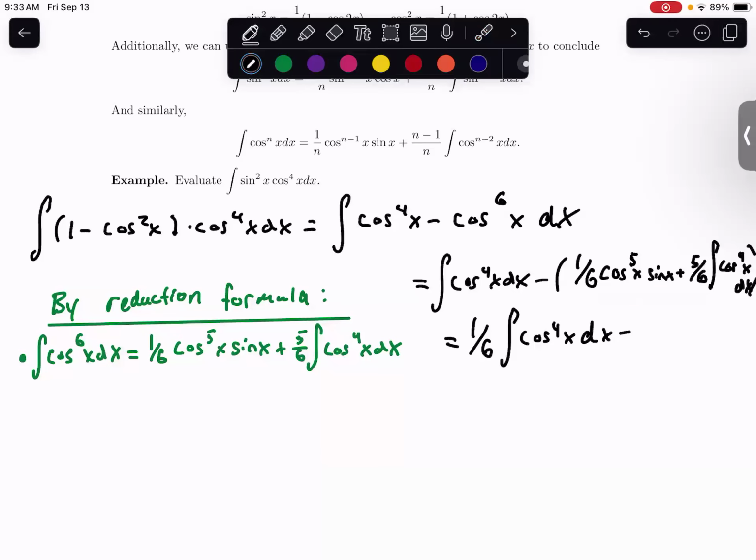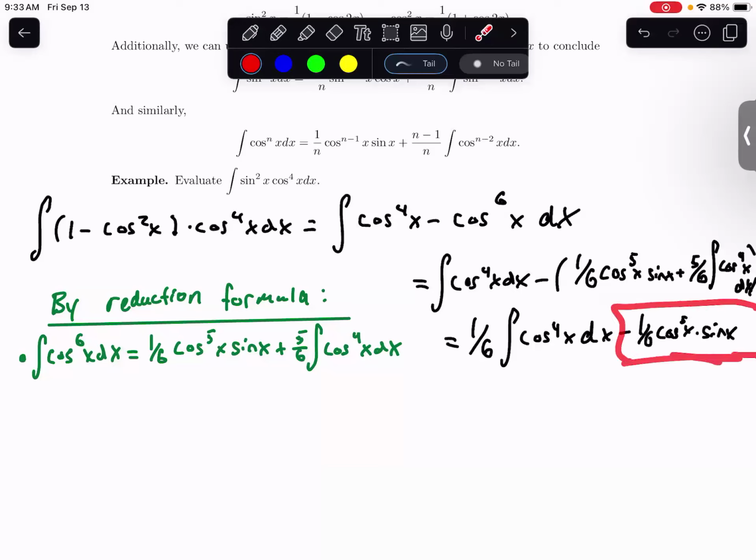So this is going to be minus 1 over 6 times cosine to the 5th power of x multiplied by sine of x. It maybe looks a little bit confusing, but this quantity here is outside of the integral. We don't have to do anything with this. All that's left is just finding the integral of the 4th power of cosine now.